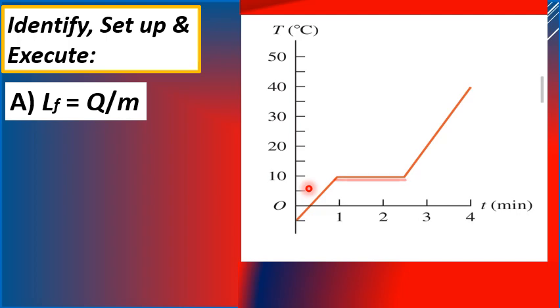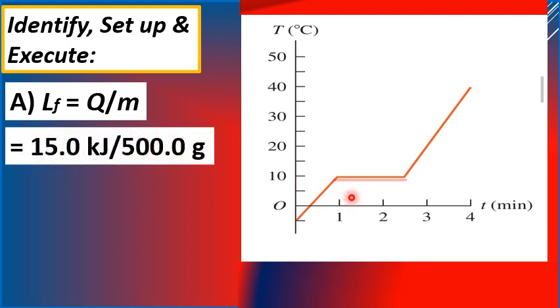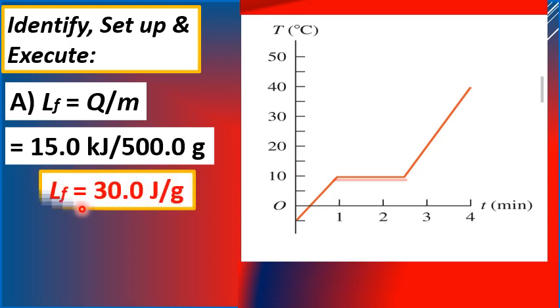So during this time interval, the thermal energy absorbed by the substance in 1.5 minutes is equivalent to 15.0 kilojoules, or 15,000 joules. If we divide that by the mass of the substance, 500.0 grams, we get the computed value of the heat of fusion of the substance.